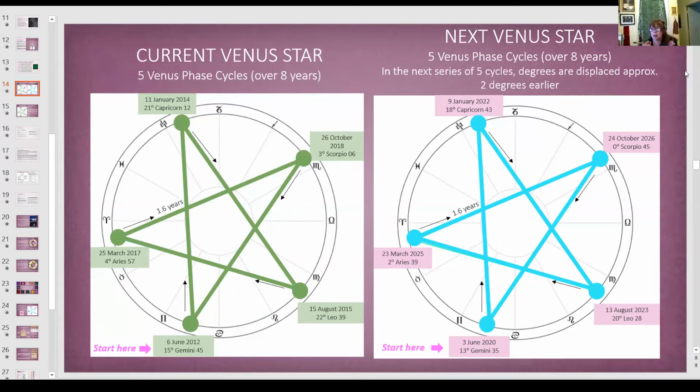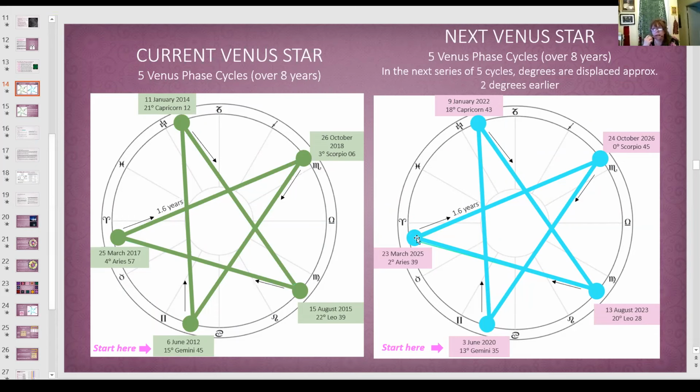And your natal one is different to this one. Yes, because it goes back in time. Right. So every 8 years to make that big, huge, beautiful pattern, it is every 8 years. So if you're born within 8 years of somebody, you're probably sharing Venus points with them. Yes, on either side of that.